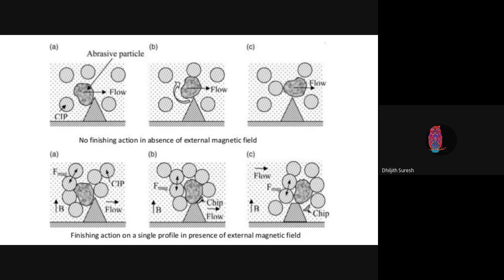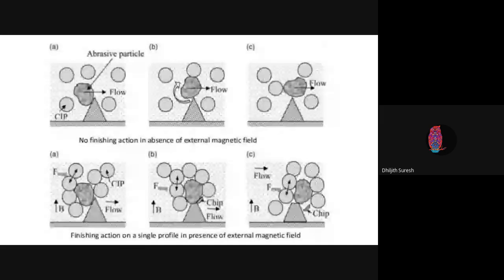You can see in A, B, and C, while the mixture is flowing from one portion to another, the CIP or the carbonyl iron particles, you can see as a circle, and the abrasive particle.